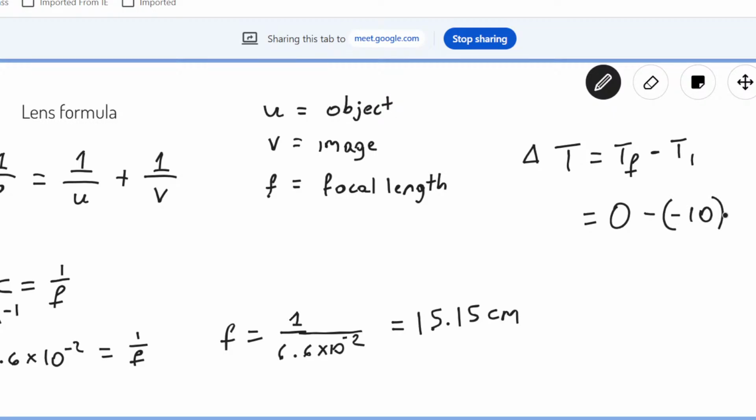So 0 minus minus 10 becomes positive 10. Yeah, right, it will become positive 10.